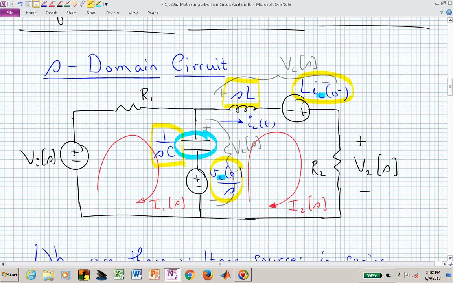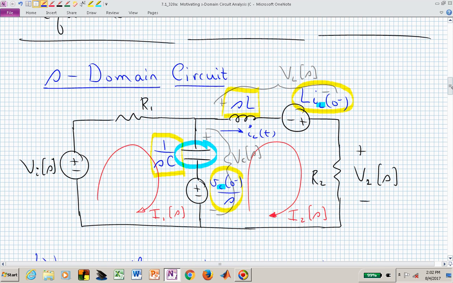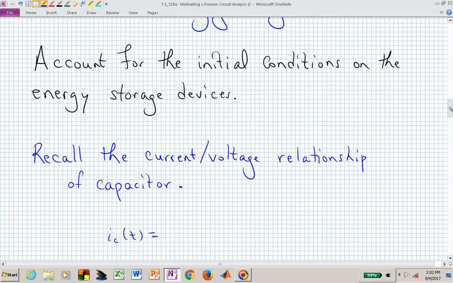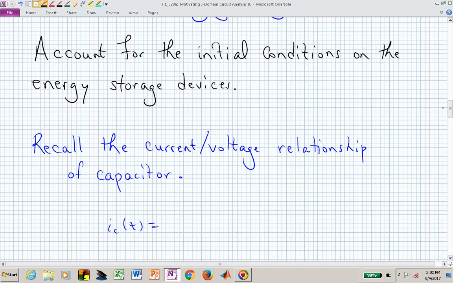And it looks like the polarity is different relative to the capacitor's polarity and the inductor's polarity. So let's figure out if there's a way that we can understand how to insert those voltage sources in response to accounting for the initial conditions on those energy storage devices.